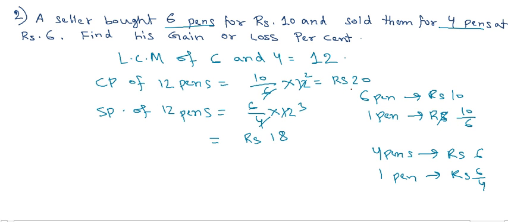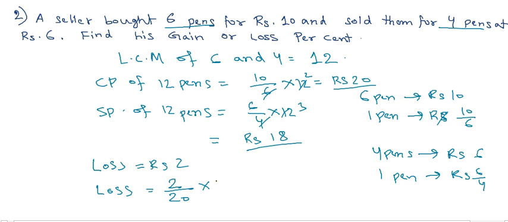So we can see that CP is more than SP, so it's a loss. Loss equals ₹2, and so loss percent will be equal to loss by CP, that is 2 by 20 into 100, so we have here 10% loss. So the seller has made a loss of 10% in this transaction.